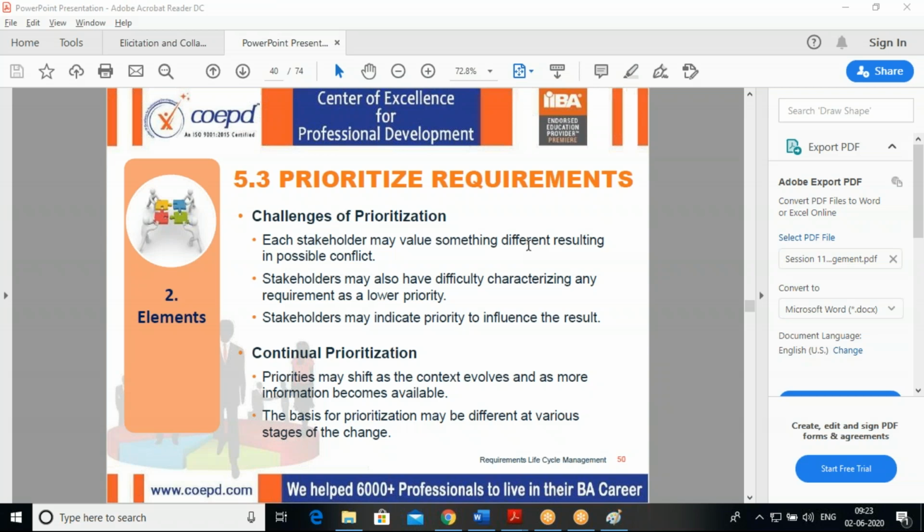That guy tells you I want a report, but you can't generate it without the data entry, so data entry work is given low priority. In such cases, a challenge will come. And continual prioritization means that as time progresses, the prioritization changes because of discovery of new information. We can keep changing the prioritizations and keep moving on.